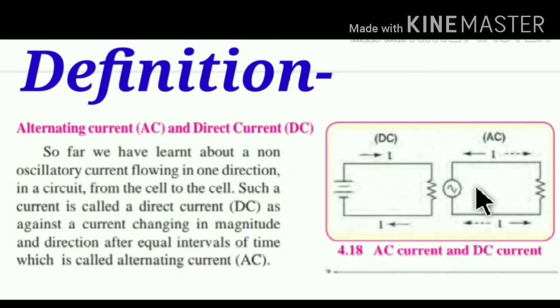Oscillatory movements you studied in the previous standard. So this is the definition of alternate current: a current changing in magnitude and direction after equal intervals of time is called alternating current.